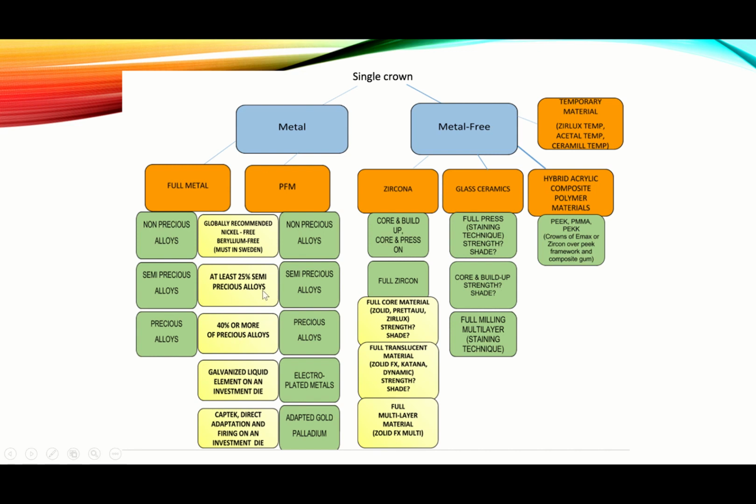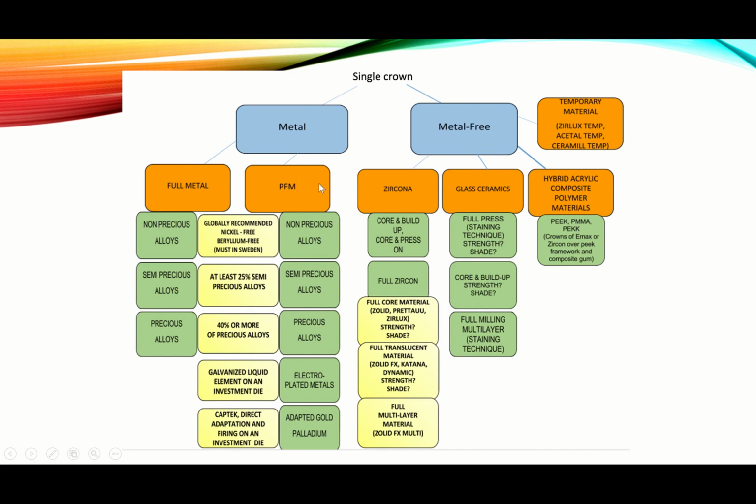You see, some of the alloys you can use for both. For a full metal, a monolithic, you can use non-precious alloys, semi-precious alloys, precious alloys, and if they are universal or porcelain alloys, you can use them as well for non-precious alloy PFMs, semi-precious alloy PFMs, and precious alloy PFMs.